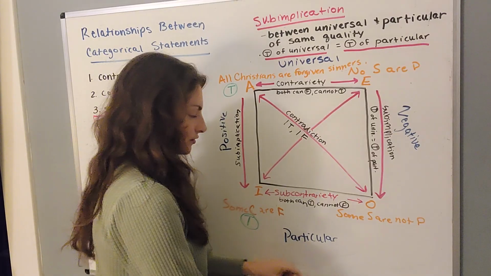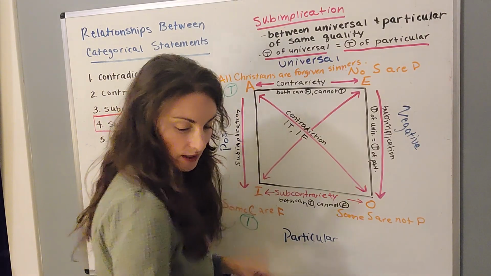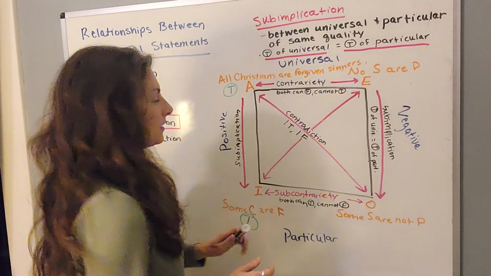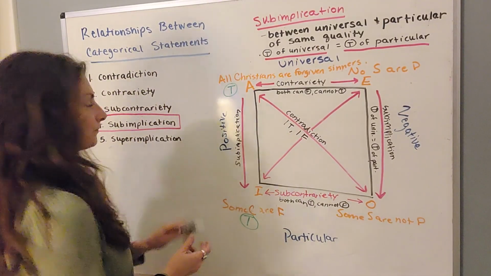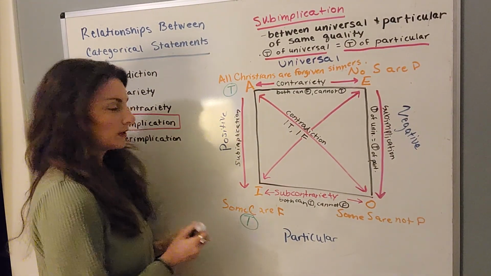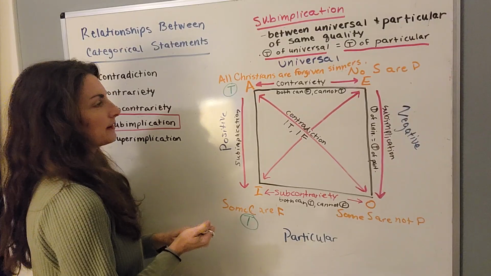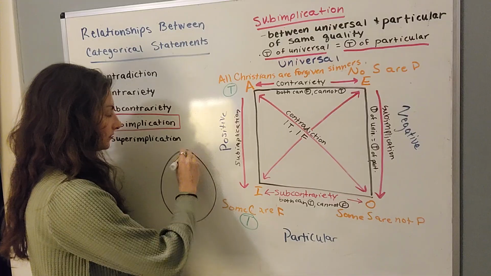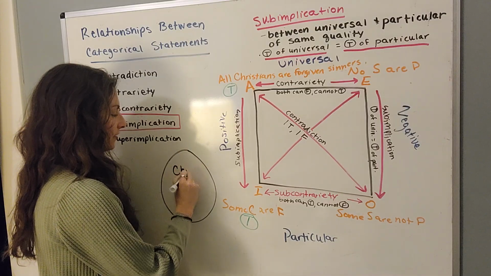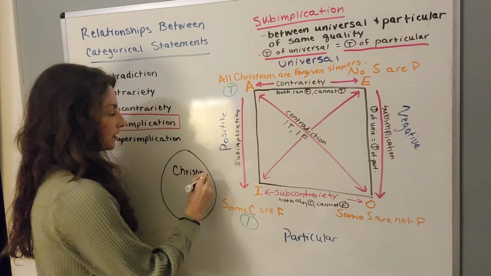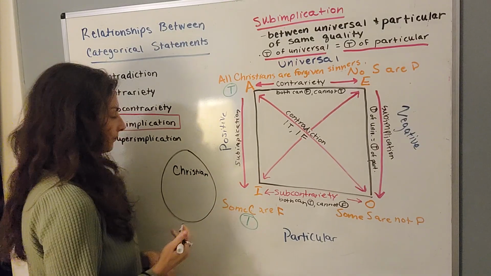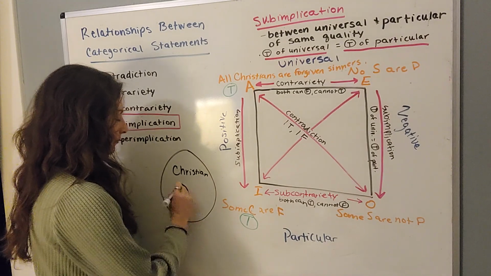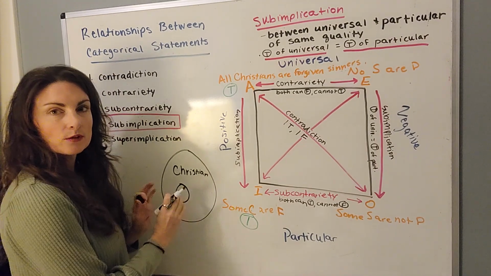Let me show you a picture of what this means when we use the word some and all. Let's say I have a picture of Christians. Every Christian is in this circle. This represents all my Christians. Now I'm going to talk about some of them, so I'm just going to pull out a group here.